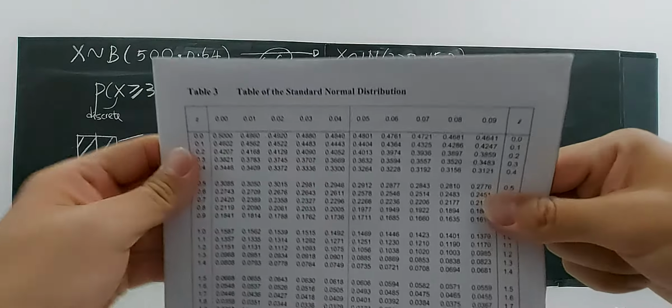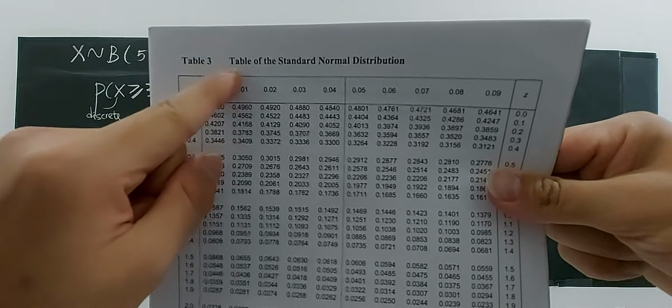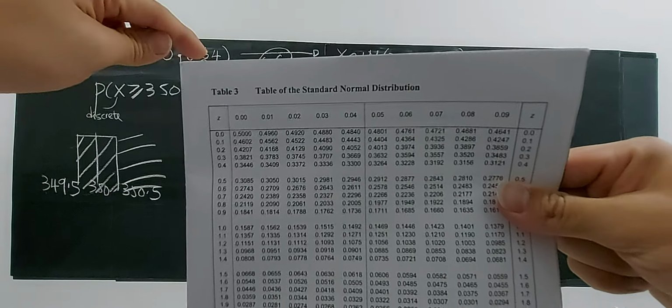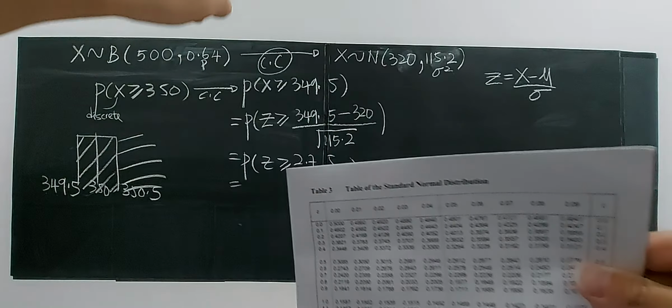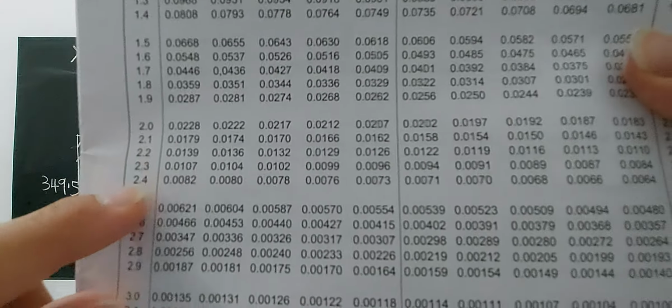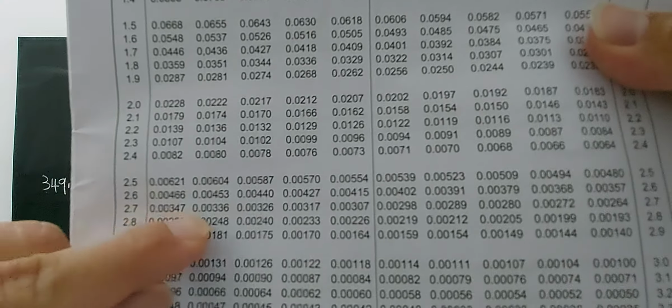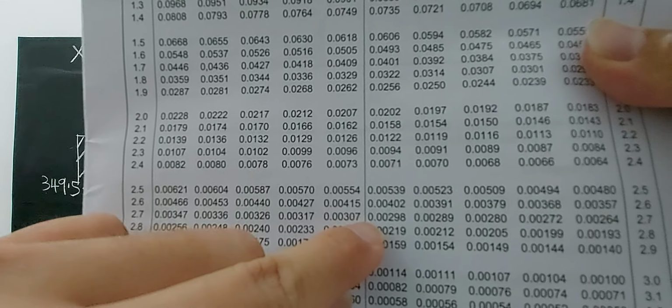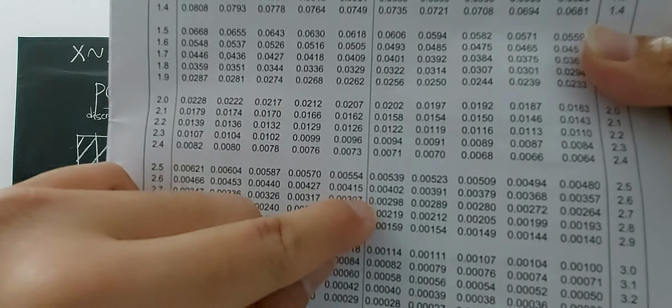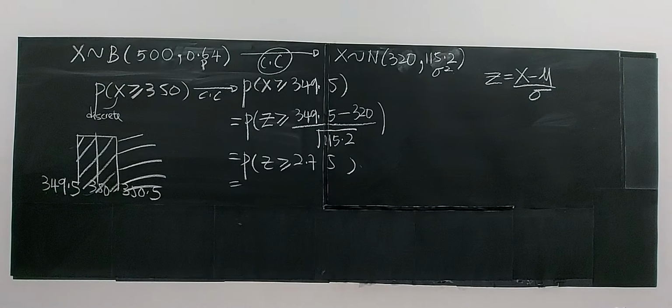Now I want to use table 3. So if you go from table 1 to table 3, you have to do continuity correction. For 2.75, the value is 0.00298.